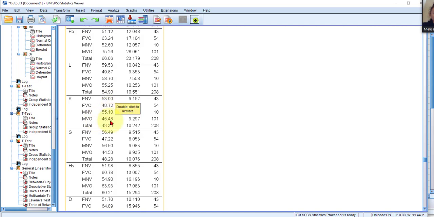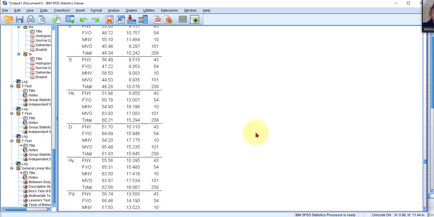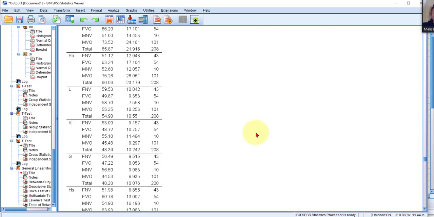Male violent 45. So for L, sorry, go back up. For L, the difference was between female violent and female nonviolent? It was probably between female violent and all 3 of these other ones. No, between these 2 right here. Between female violent, female nonviolent.